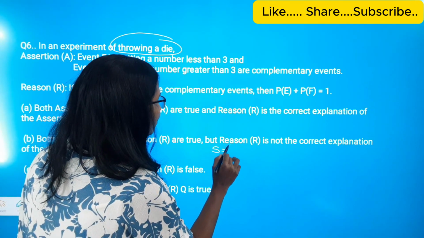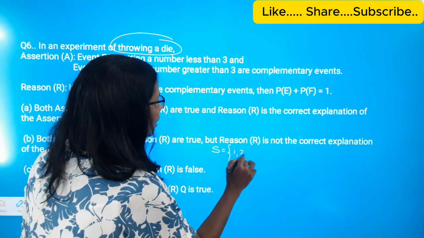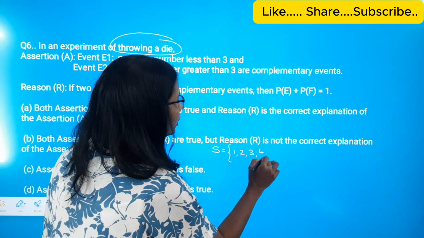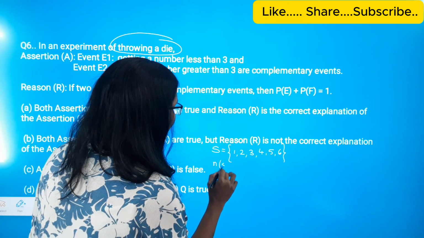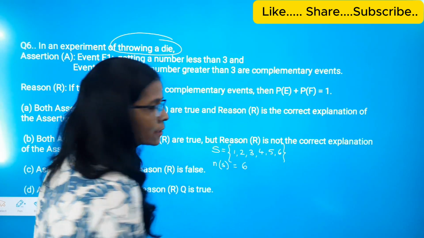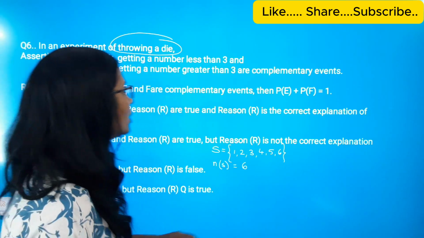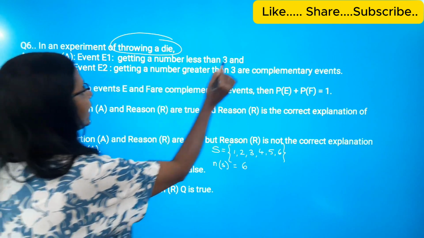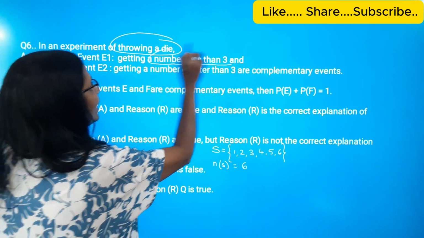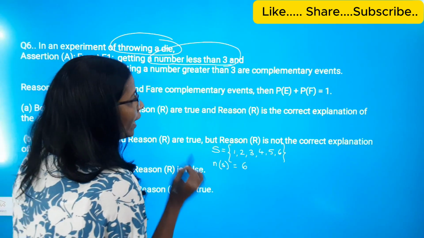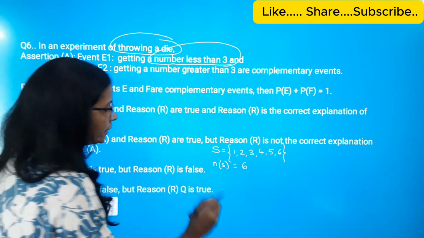So the sample space will be 1, 2, 3, 4, 5, 6. So n of S is equal to 6. Now here the event E1 is getting a number less than 3.